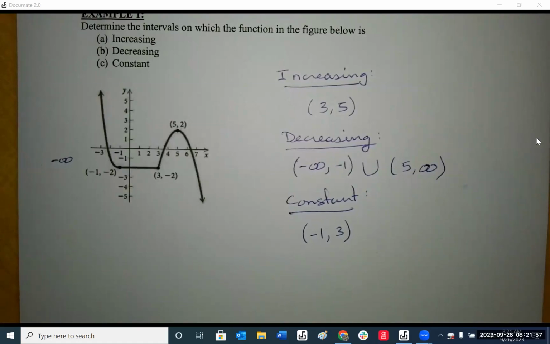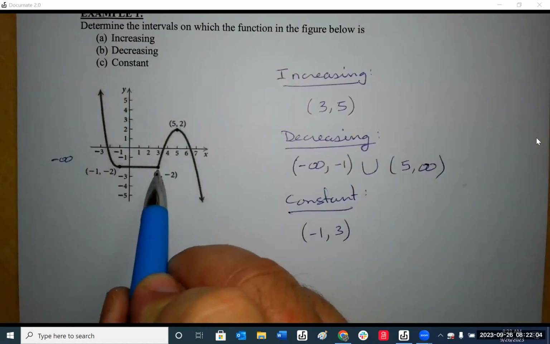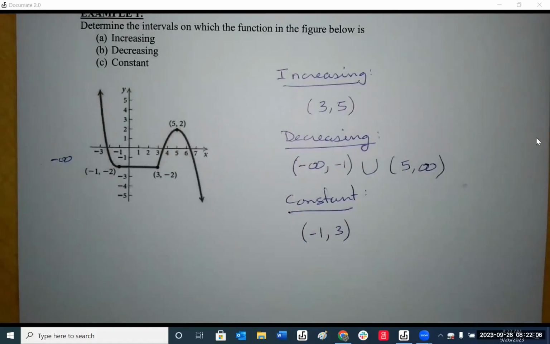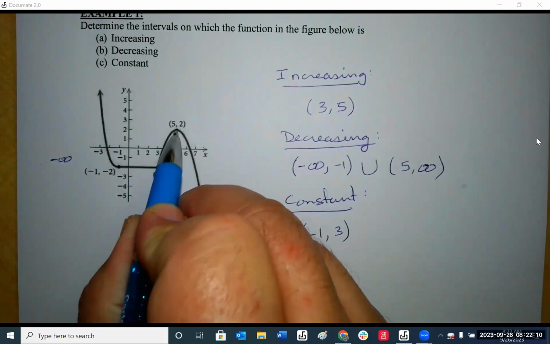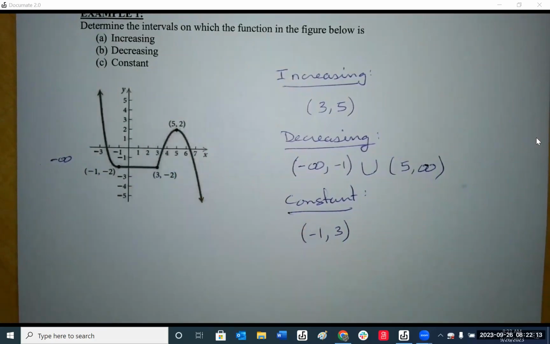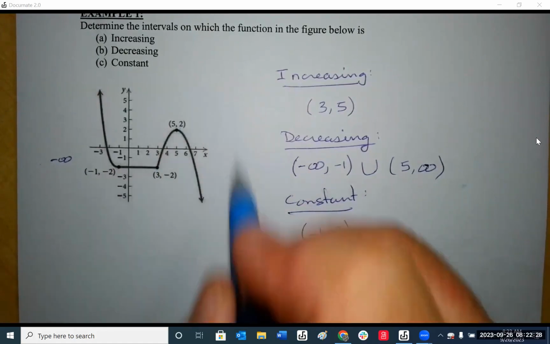Again, we never use brackets because you cannot use endpoints. We don't know what's happening at these dots there. For example, what's the slope of the line at 5,2? Well, it is the function negative x squared, opening down.